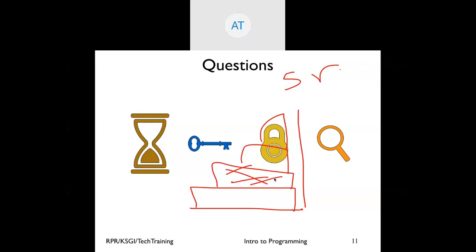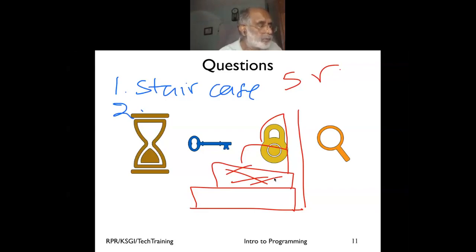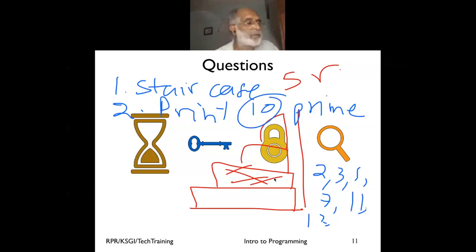So question 1 is staircase, and second question which I want to discuss is print first, let's say 10 prime numbers. That means program should print 2, 3, 5, 7, 11, 13, whatever. So my input is 10. If I say 10, print 10 prime numbers. If input is 20, print first 20 prime numbers, so on and so forth.